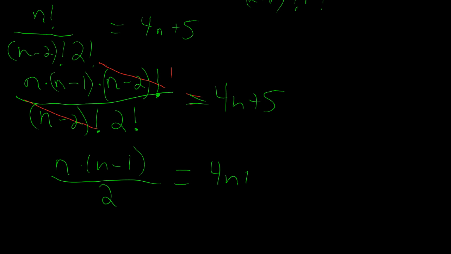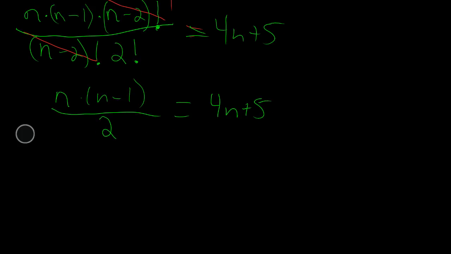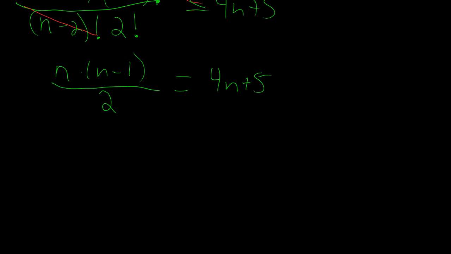And that's 4n plus 5. So it looks like we're going to get some type of quadratic. And I'm just going to multiply both sides of this equation by 2.